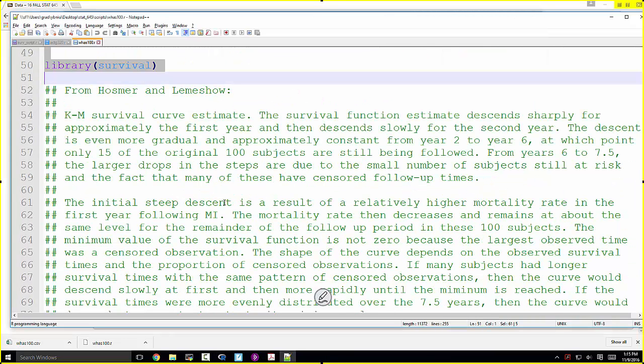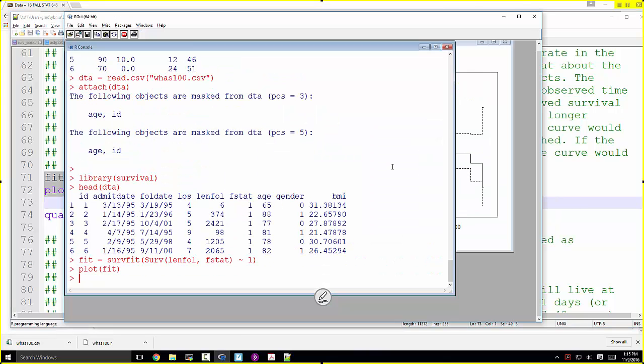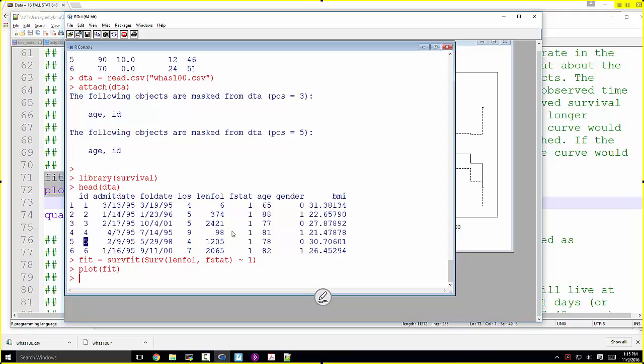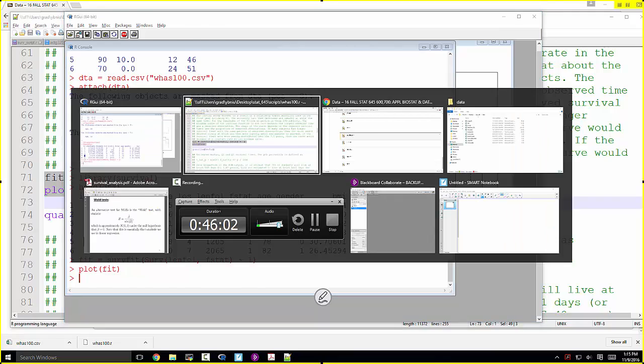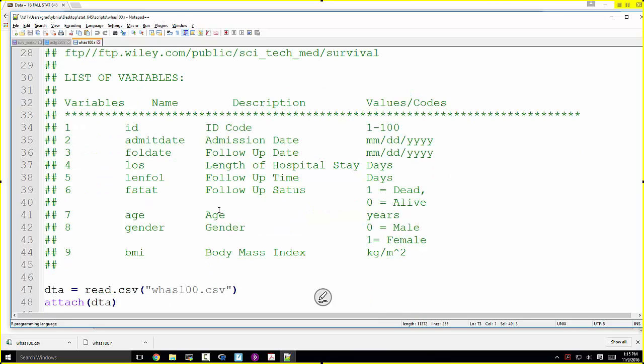Okay, so let's look at the overall survival curve for these individuals. Time, let's see, these are days.